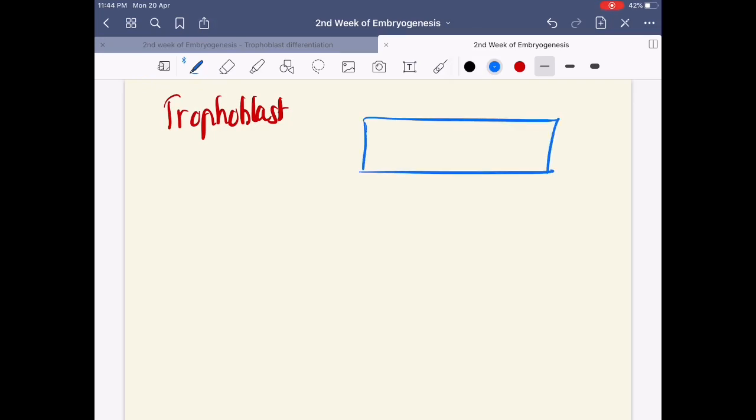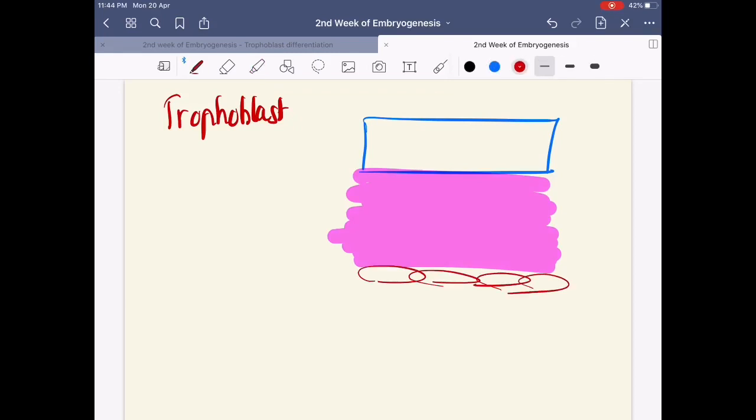This is again your decidua, this is your syncytiotrophoblast, and of course you have your cytotrophoblast here. There are certain small lacunae. Now these lacunae are going to unite and form bigger lacunae.